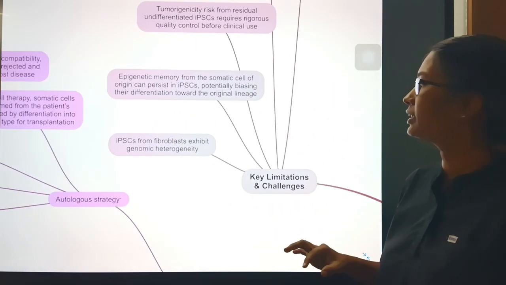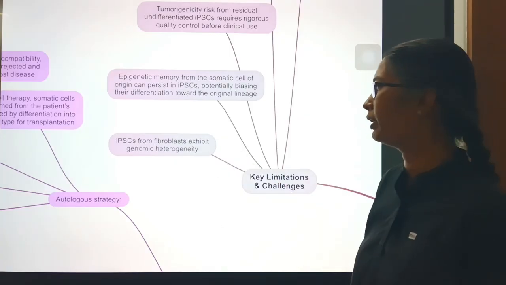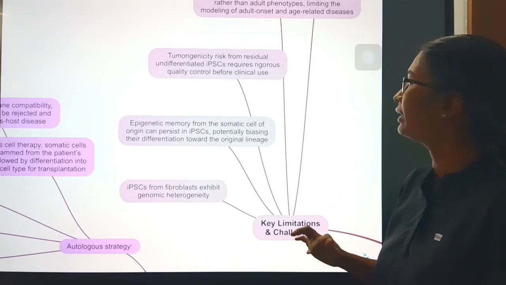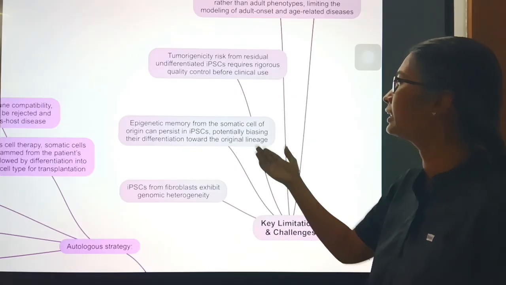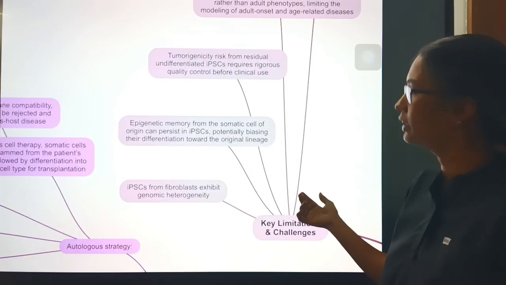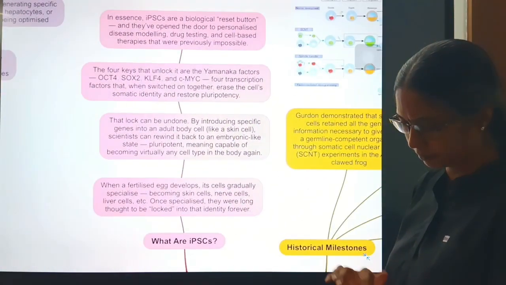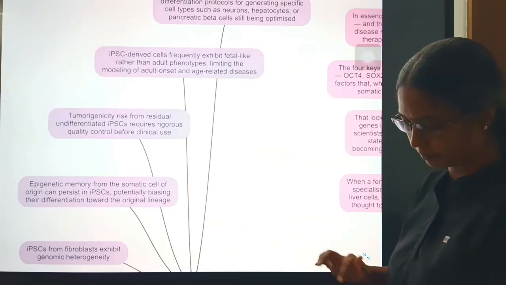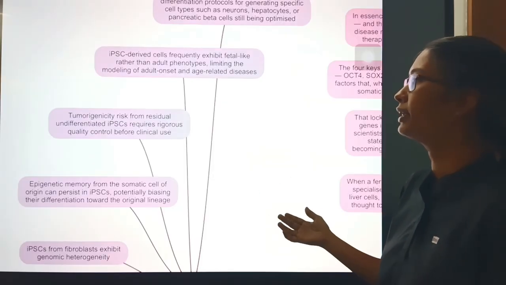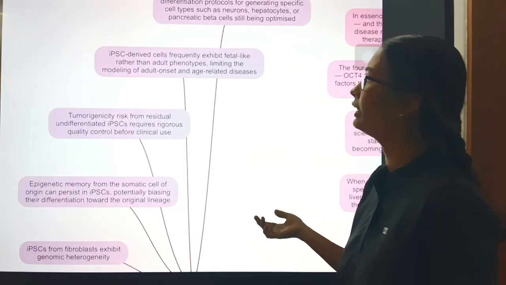So the key limitations and challenges: iPSCs from fibroblasts exhibit genomic heterogeneity, and epigenetic memory from the somatic cell of origin can persist in iPSCs, potentially biasing their differentiation towards the original lineage. There is also tumorigenicity risk from residual undifferentiated iPSCs, which requires rigorous quality control before clinical use.